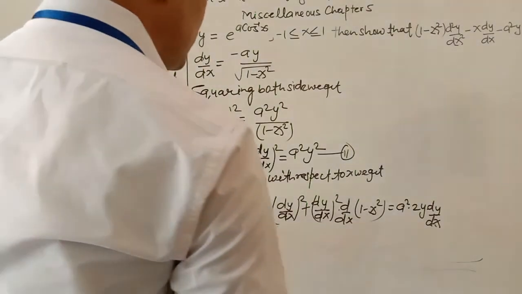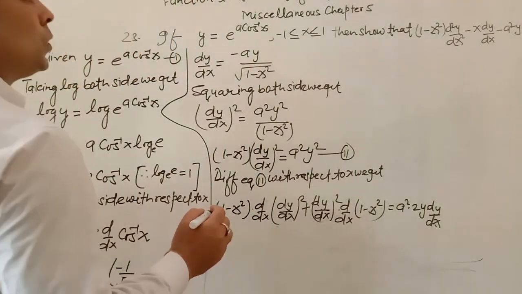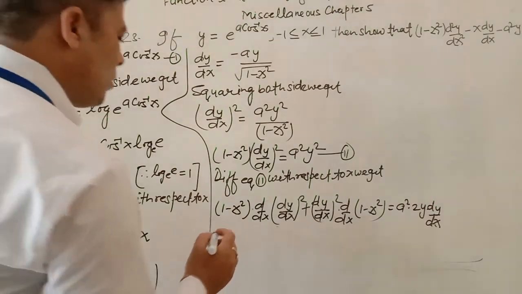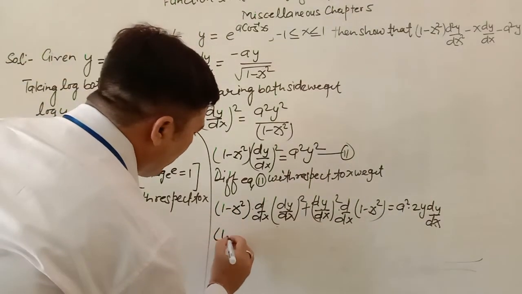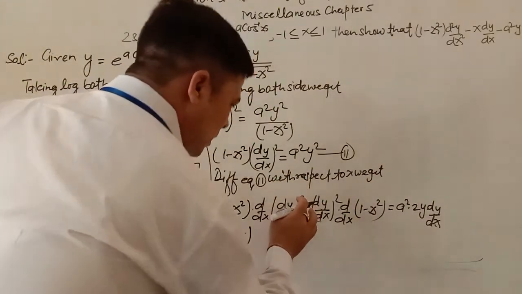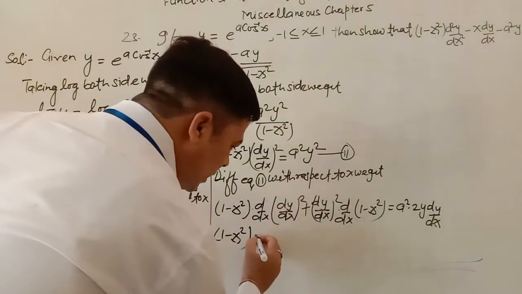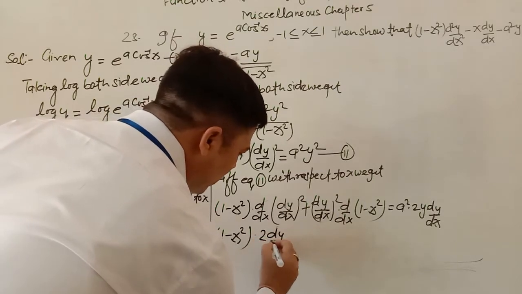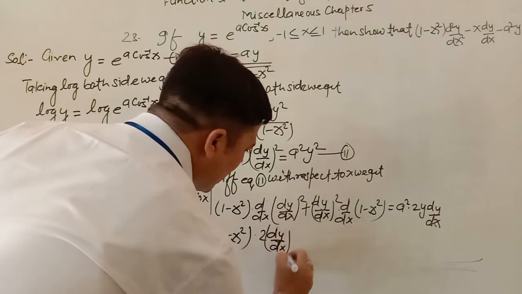Now this one is equal to 1 minus x square. Firstly taking out the power, this is 2 dy upon dx.